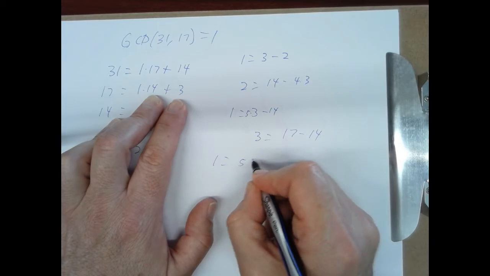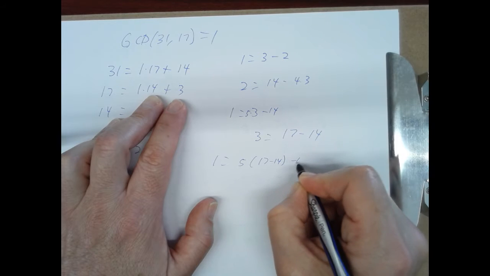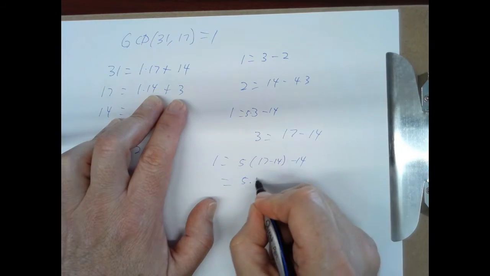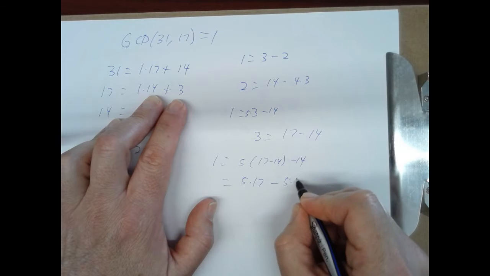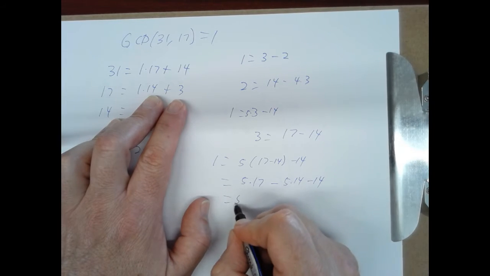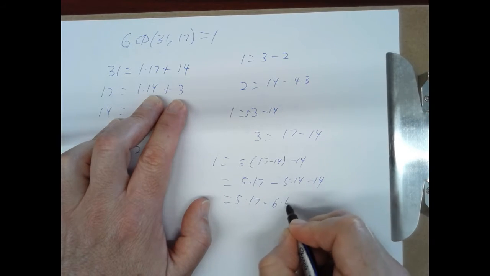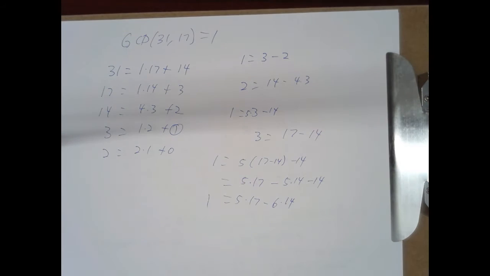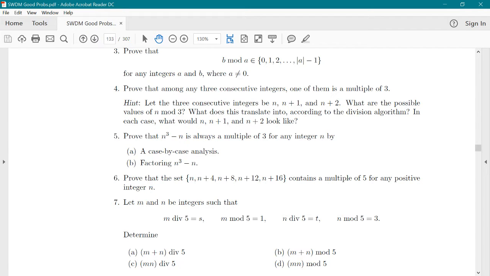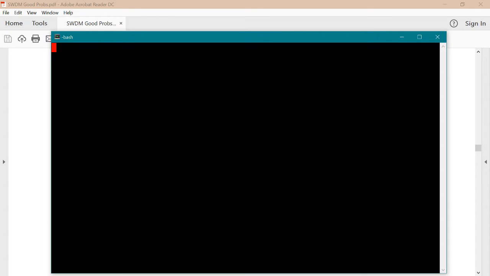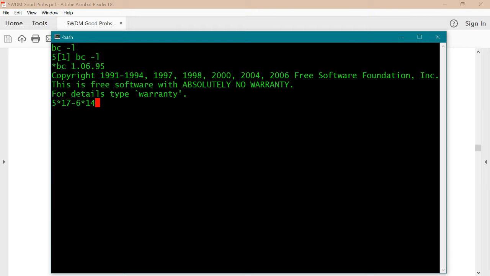So 1 is equal to 5 times 17 minus 5 times 14 minus 14, which is 5 times 17 minus 6 times 14. And let's see if that works. So 5 times 17 minus 6 times 14 is 1.